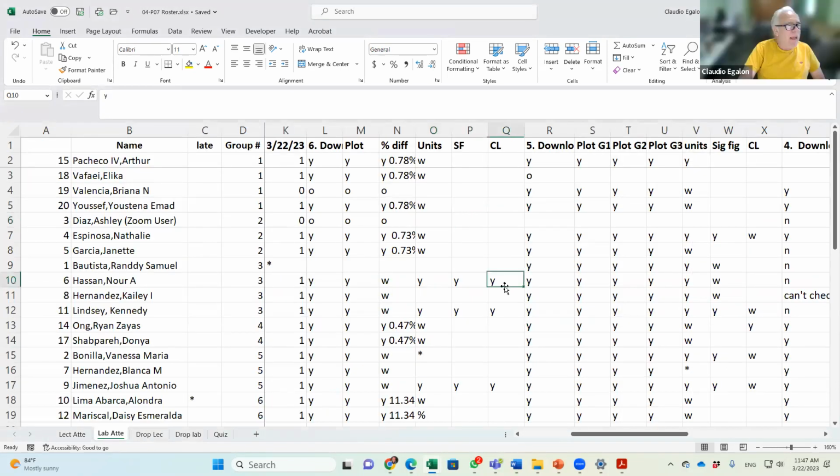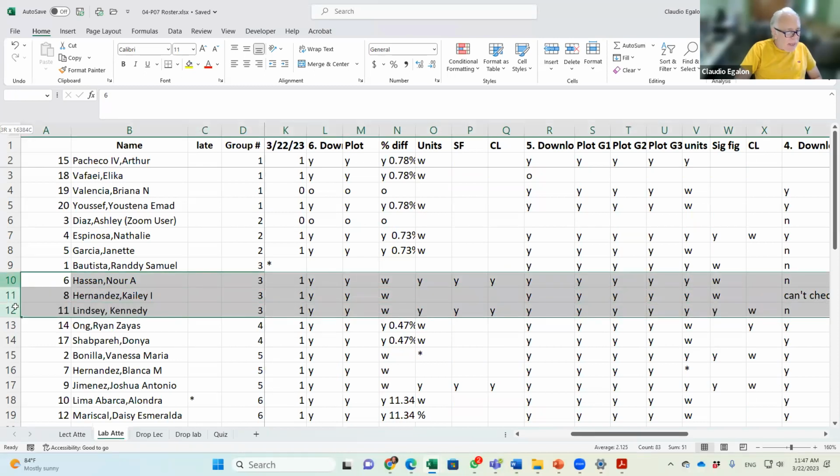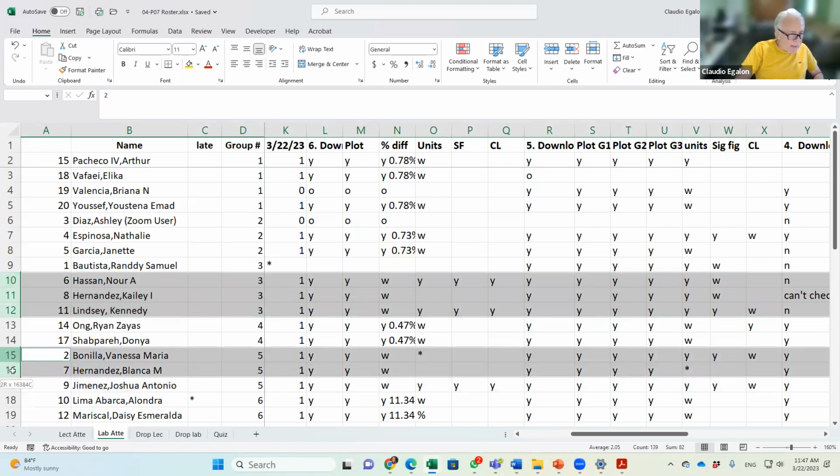Let me close that. So let's see. I'm curious about those students who were working on the percentage difference, right? Let's see, Noor, are you there?